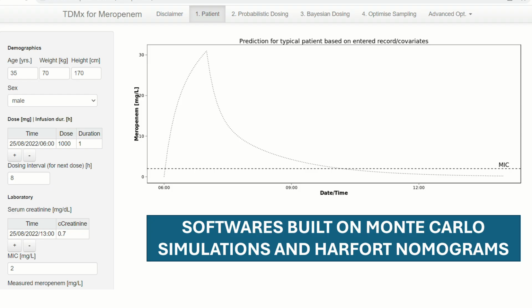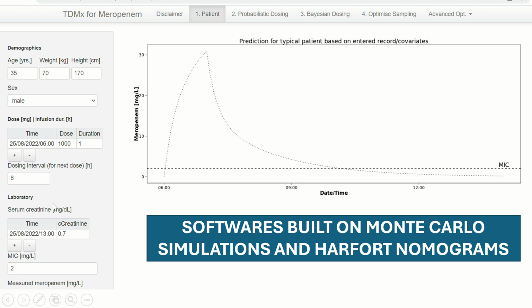Now, when we extrapolate all these Monte Carlo simulations into software, we get software like this TDMX software, and I'm showing this for meropenem. Here we put in the patient's age, weight, height, and all these parameters. What is the dosing interval you want to keep? What is the MIC of the particular isolate against meropenem?